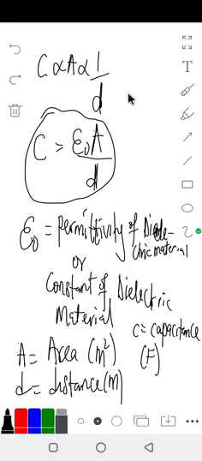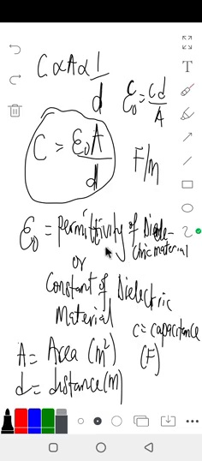What will be the unit of permittivity? Don't forget, we have C equal to permittivity times A over D. If you make permittivity the subject of the formula, you have permittivity equal to C D over A. Therefore, the unit of permittivity will be farad per meter, because the unit of capacitance is farad, the unit of distance is meter, while the unit of area is meter square.